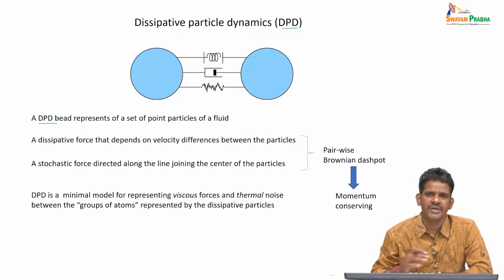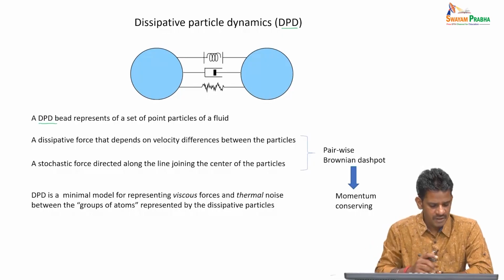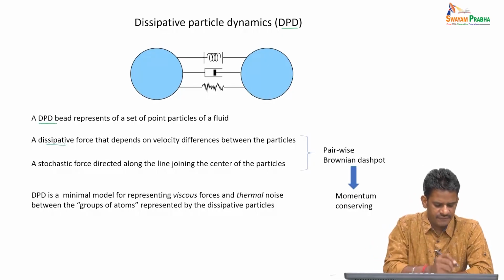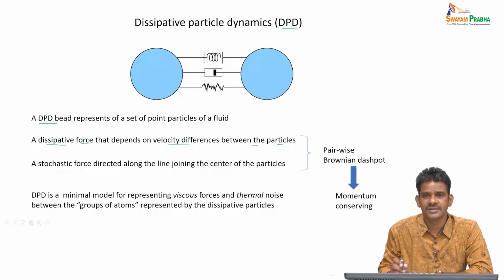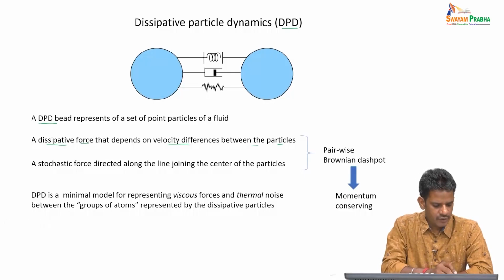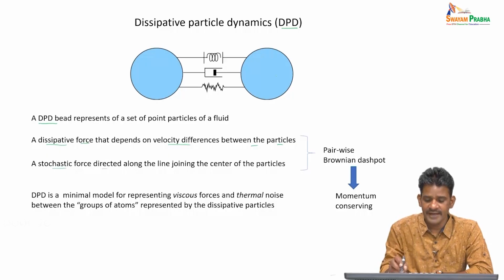Between these DPD particles, we include a dissipative force that depends on the velocity difference between the particles. And then we also include a stochastic force directed along the line joining the two particles from center to center. Just like in Langevin dynamics and Brownian dynamics, in DPD simulations also we include a dissipative force and a random or stochastic force.